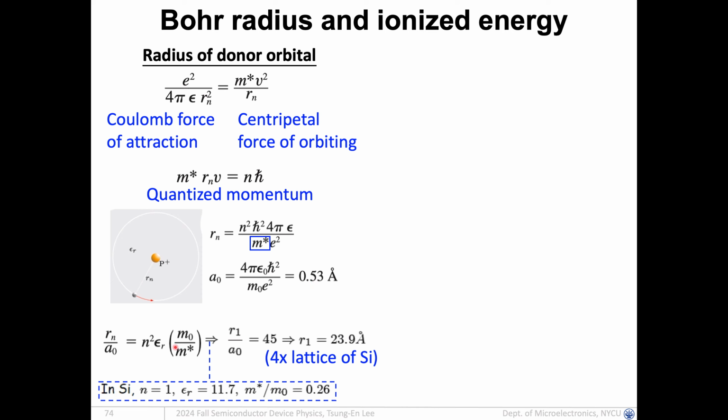Before getting the value, I want to emphasize why we only use Z equals 1, not the total charge or total number of electrons in the phosphor.